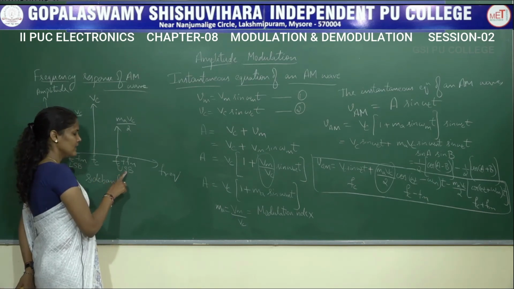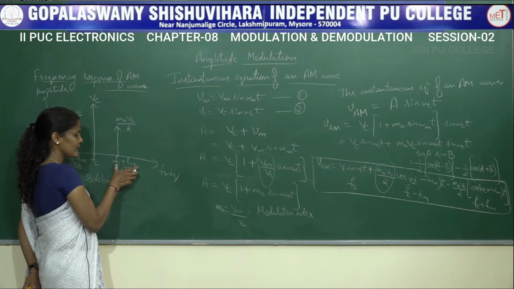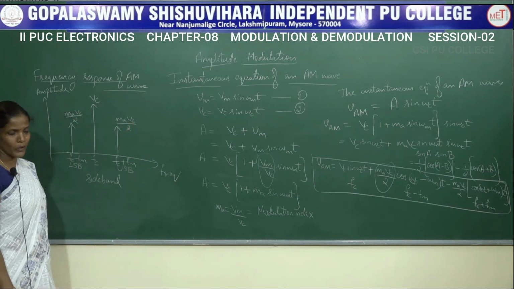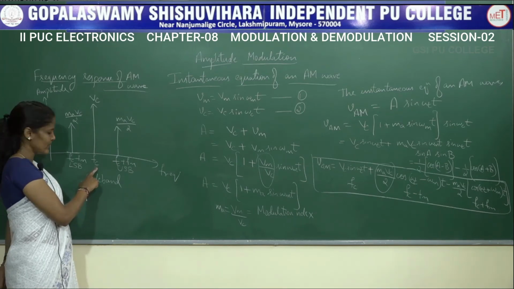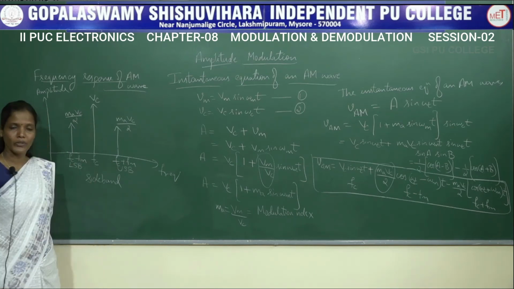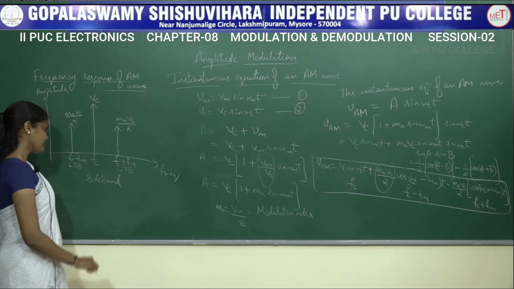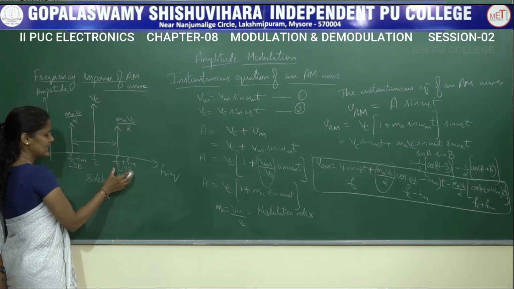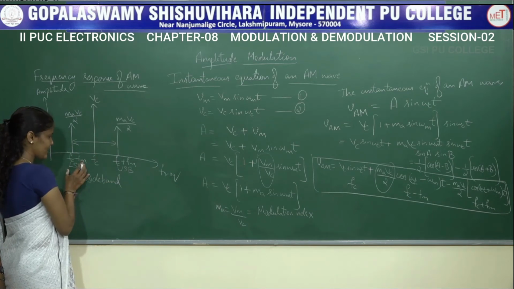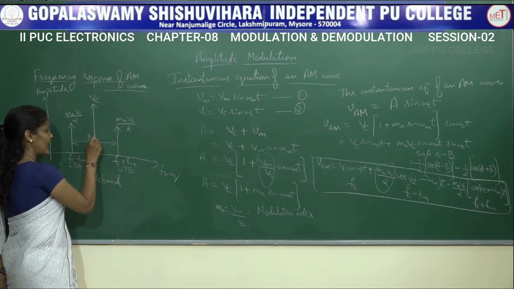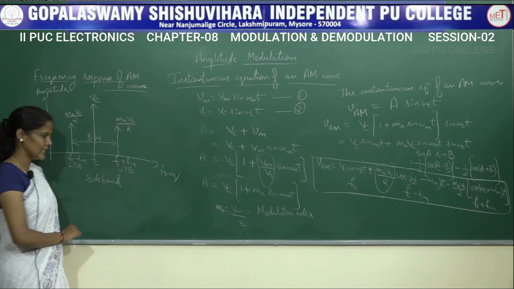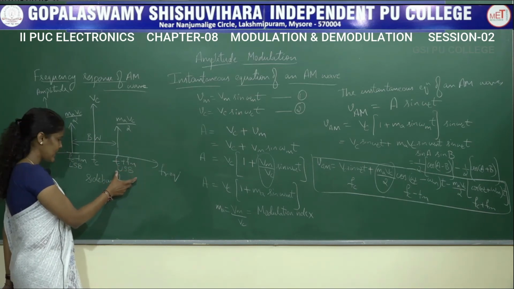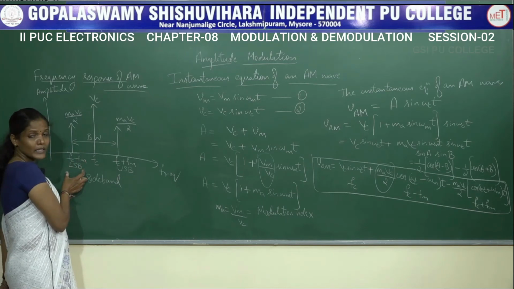The upper sideband has a frequency of fc plus fm, and amplitude ma into Vc by 2. The carrier signal frequency is fc with an amplitude of Vc, but the frequency range which lies between the upper sideband and the lower sideband is called the bandwidth of that particular signal.